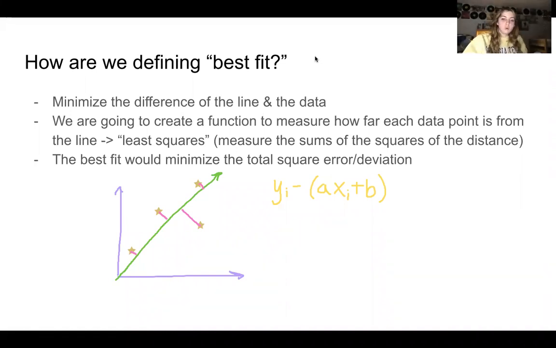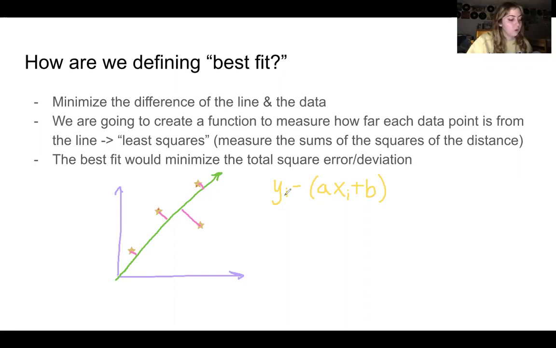So it's yi minus a times xi plus b. This equation represents the deviation for each individual data point. We plug each star into the equation, and that gives the deviation for each data point.